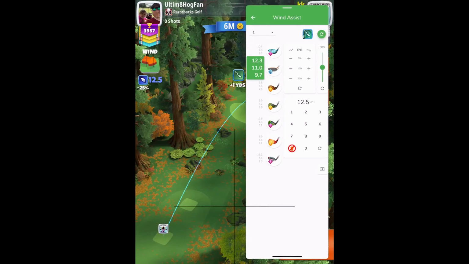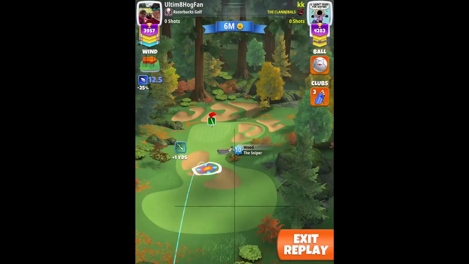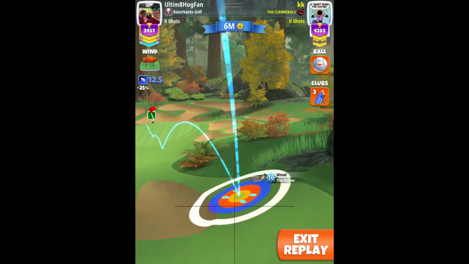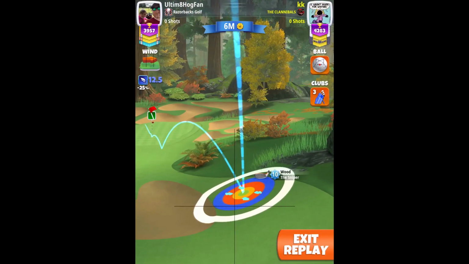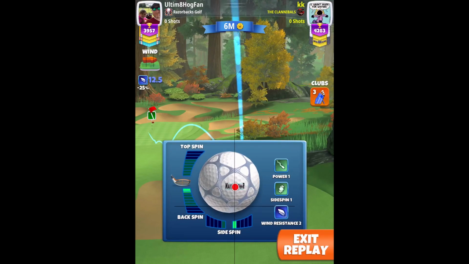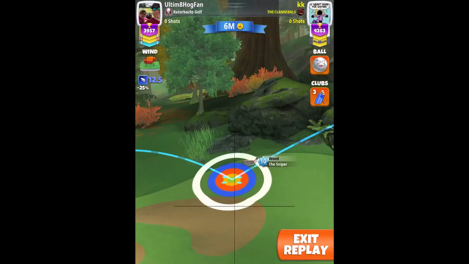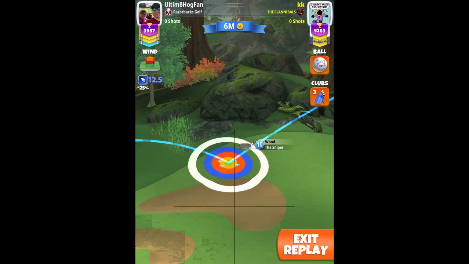Here's a left to right crosswind, and again I'm doing the sniper on the right shot. I'm going to do 1 right spin and about 1.6 back spin. Plus 15% max.